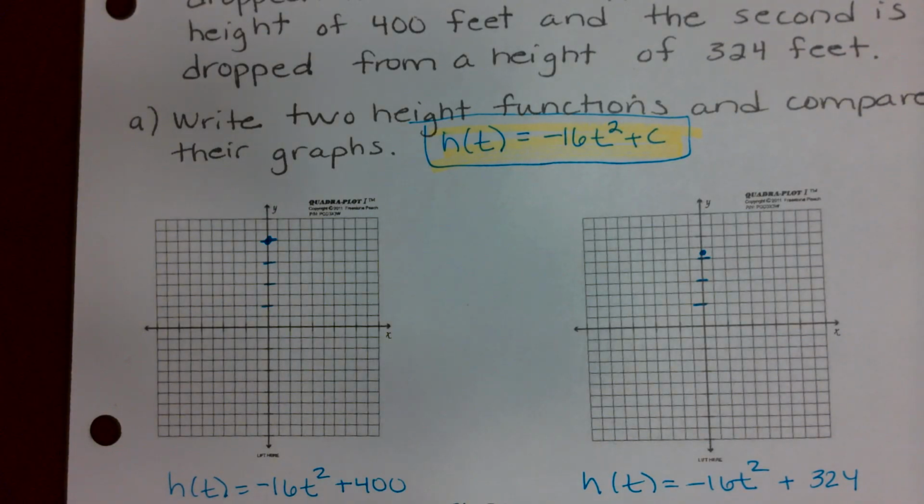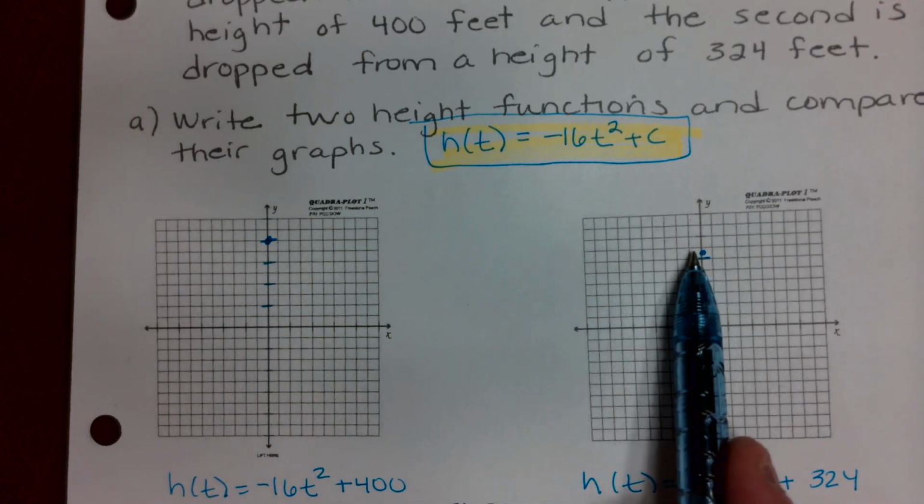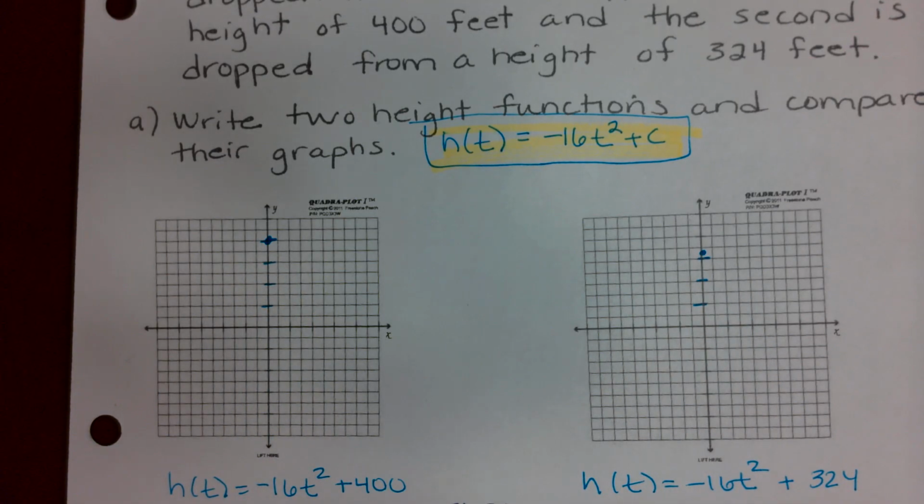Now we're supposed to use these graphs to determine when the softball reaches the ground. Okay, so we drop it, it's going to hit the ground, and we're trying to determine when it hits the ground.